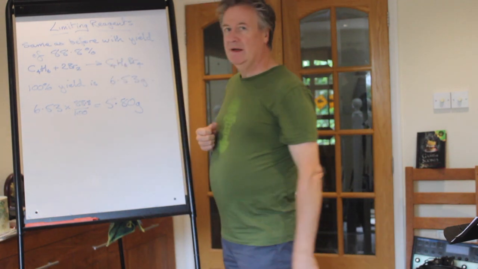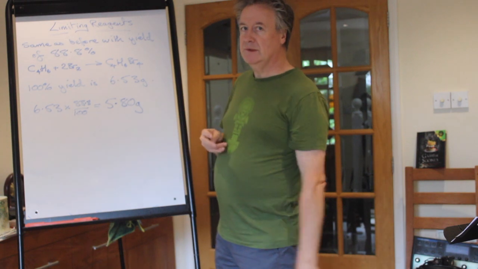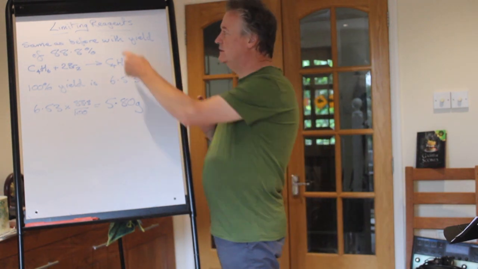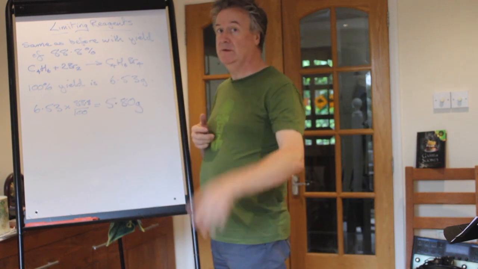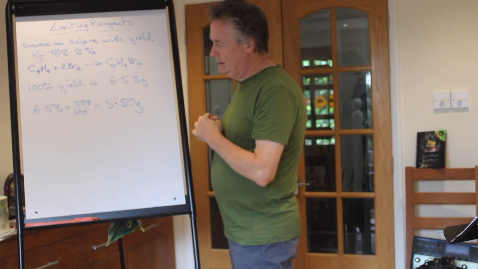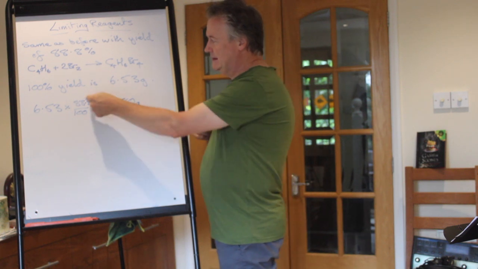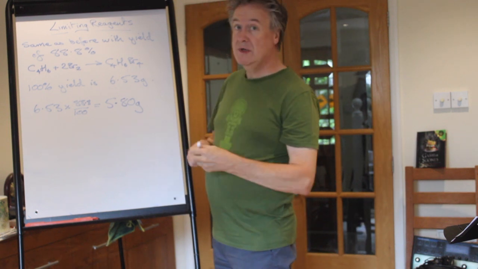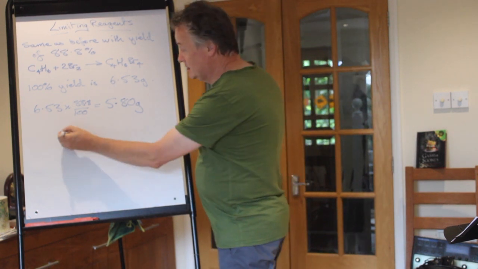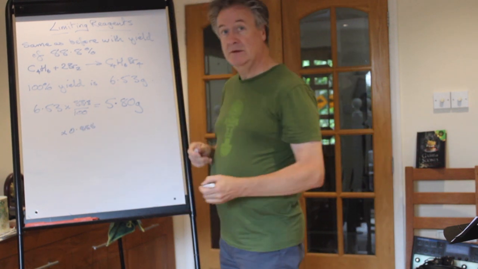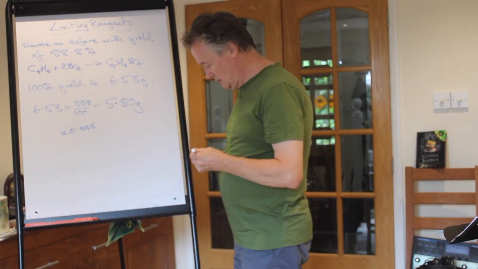Now, we don't get everything that we want. We get other products, we lose some stuff, whatever. The yield is 88.8, and there's always a reason why it's not 100. And there is the calculation. So it's 88.8 over 100. You could, if you're okay with percentages of mass, just go times 0 point and then write the digits for the percentage.